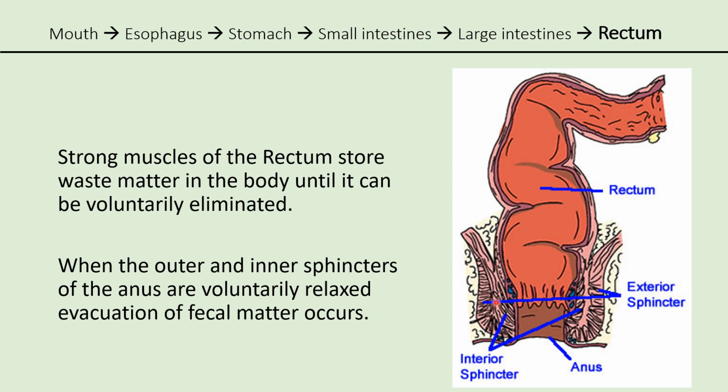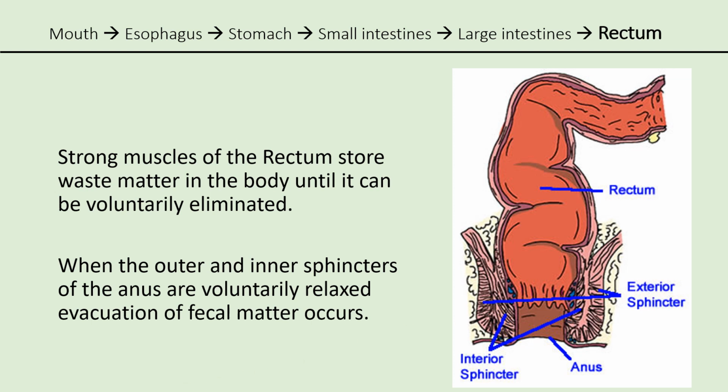We talked about involuntary actions and voluntary actions. We don't really control how food moves through our body. Obviously, we can control how and when we eliminate our waste. And so our waste is eliminated when we relax these outer and inner sphincters.